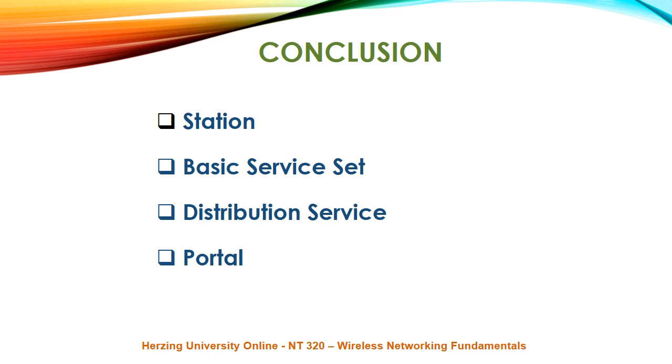Then we have the integration between the access point distribution services and the Ethernet network through this thing called the portal, and this allows communications to actually happen. So that's a quick overview of wireless LAN architecture and the pieces and components associated with it.